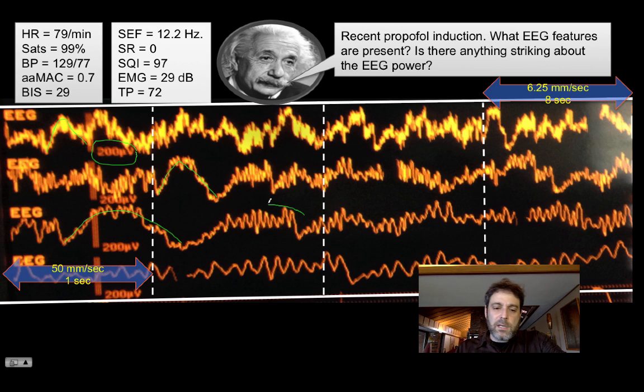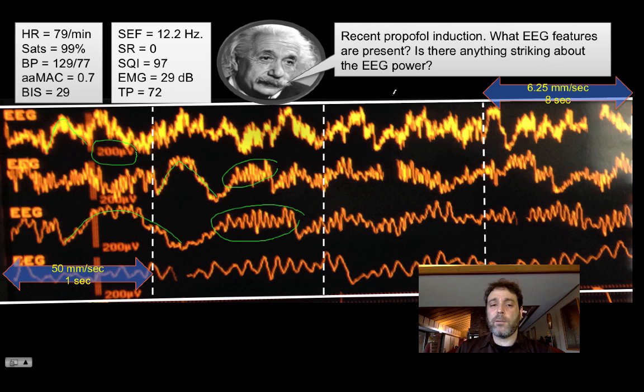The spindles here are more prominent on the crests of the delta waves. So we've got cross-frequency phase amplitude coupling, where the spindles are more prominent on the crests of the delta waves. You can see that here, you can see that there.